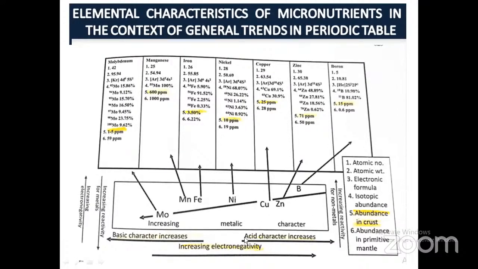Now this electronegativity is affected by the atomic number. The element that is having least atomic number, you see this boron is having atomic number 5. That means electrons around this boron are very less, no? So they are nearer to the nucleus.